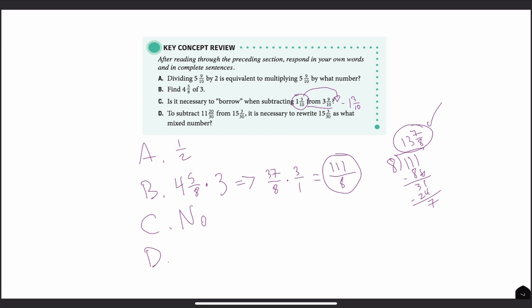D. To subtract 11 and 20/30 from 15 and 3/30, is it necessary to rewrite 15 and 3/30 as what mixed number? Well, because you can't subtract 20 from 3, we have to borrow.